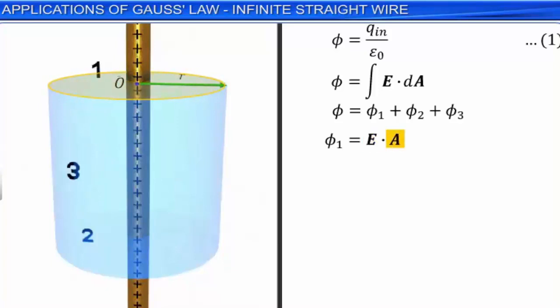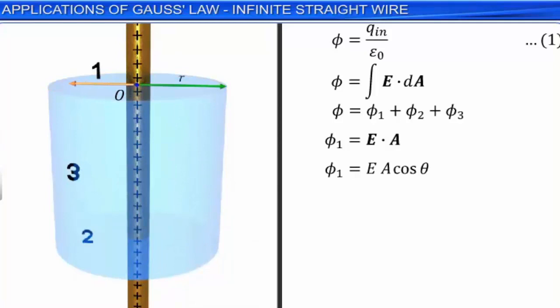This is equal to EA cos theta, where theta is the angle between the directions of electric field and the area vector. The electric field is perpendicular to this surface. Hence, in this case, theta is 90 degrees and cos 90 degrees is equal to 0. Hence, flux phi 1 through this surface is 0.